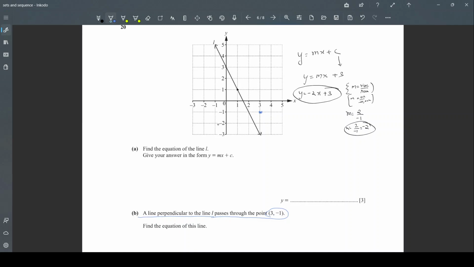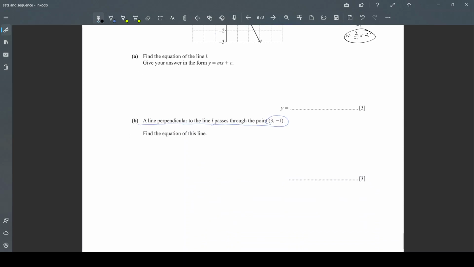So it will be somewhere like this if I draw it, but let's find out using the coordinates. I'll tell you how to do it. This is the point 3 comma minus 1. As I told you, whenever the lines are perpendicular to each other, you have to keep one relation in mind: m1 times m2 equals minus 1.